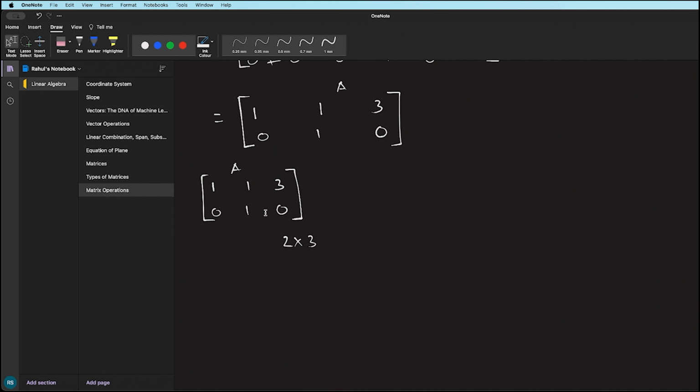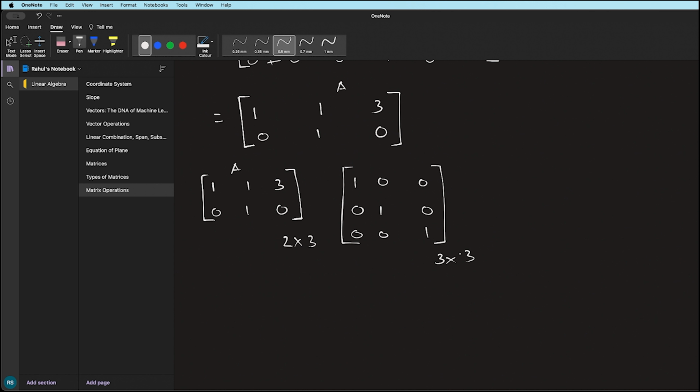Now A becomes the first matrix, having 3 columns, so the second matrix should also have 3 rows. So I will choose the 3 cross 3 identity matrix, 1 0 0, 0 1 0, 0 0 1.